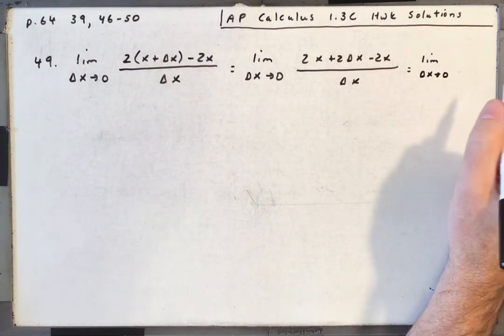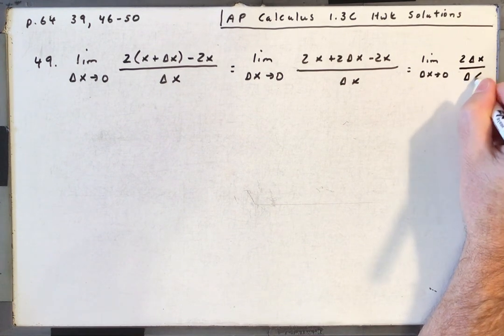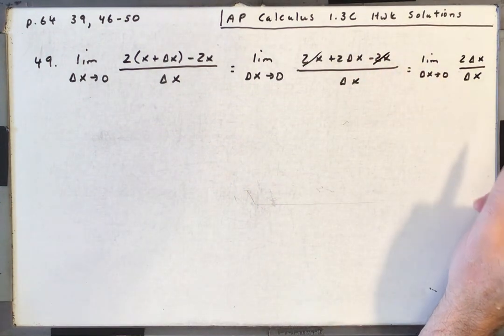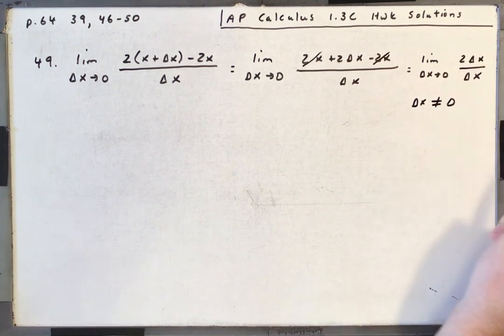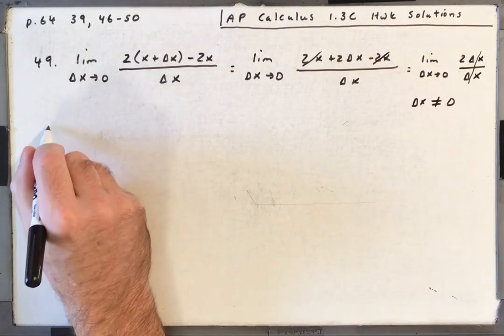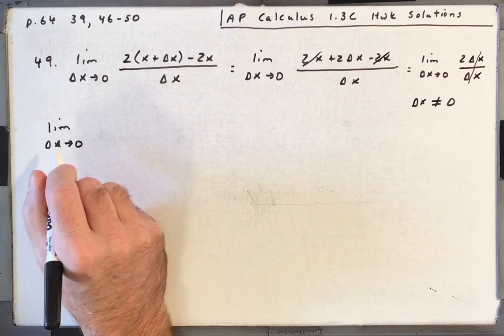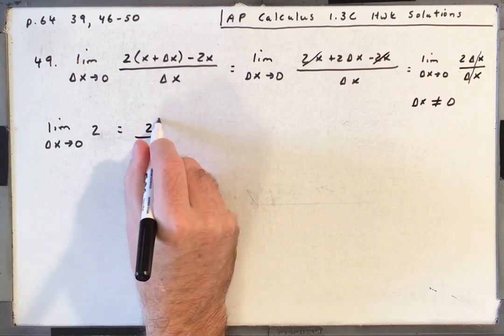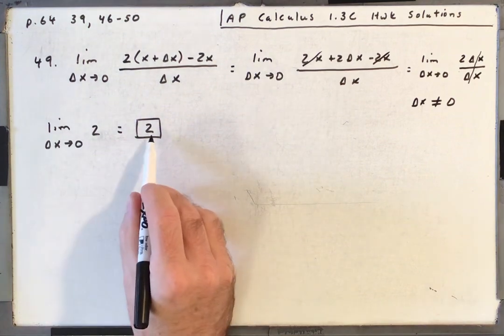They go away, and all I've got left is 2 delta x over delta x. Well, now, as long as delta x does not equal 0, what can I do? The cancel-rooski. So I've just got the limit as delta x approaches 0 of 2. And the limit of a constant is just a constant from the limit laws lecture a few lectures ago. So the answer is 2.